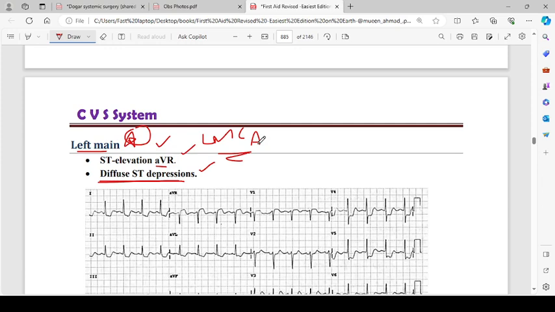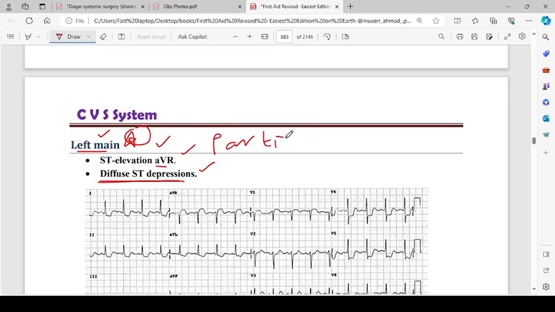Now these things are making sense to me. Why is there ST depression? The very first thing that I told you is that complete occlusion of the left main coronary artery will lead to sudden cardiac death, right? So if we are talking about left main coronary artery occlusion, that is partial, right?